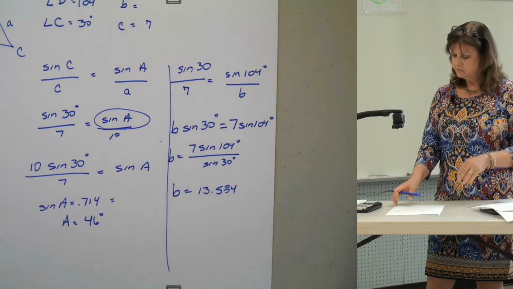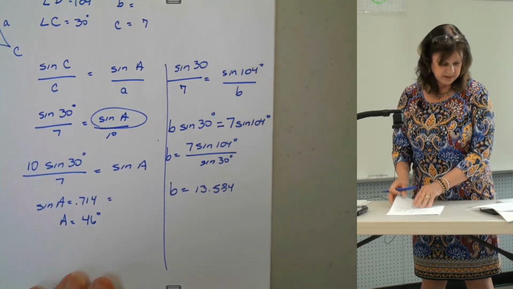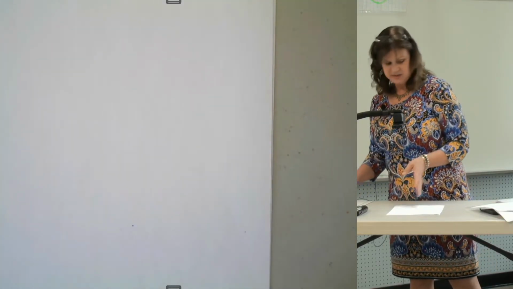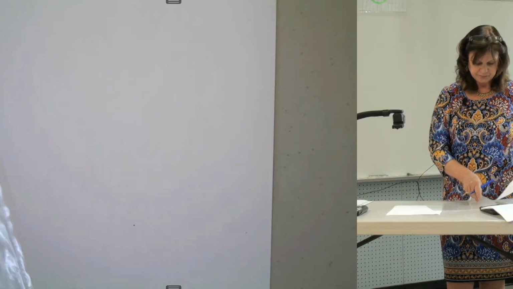Okay, so now if we go back over to the, I don't even know if we need to. Let's just move on. We'll revisit that later. I've got a few more problems, and I'm not sure that I sent you this sheet.